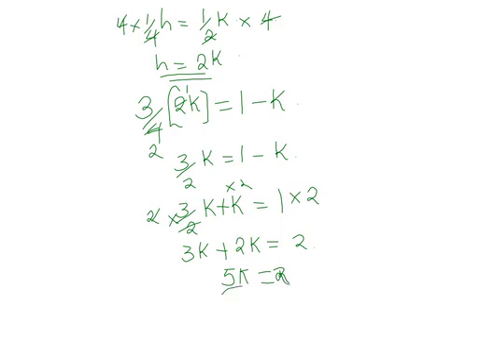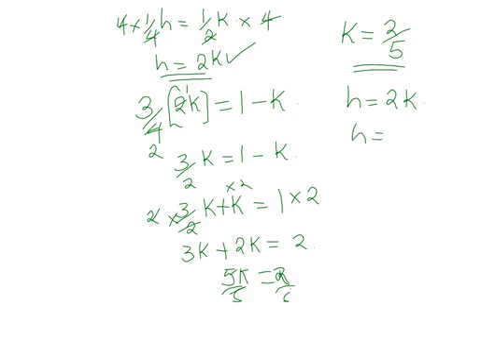So divide by 5, divide by 5, and the value of k is equal to 2 over 5. Now we can get the value of h from this expression, where h is equal to 2k, and we have the value of k as 2 over 5. So h will be equal to 2 multiplied by 2 over 5, which is equal to 4 over 5.